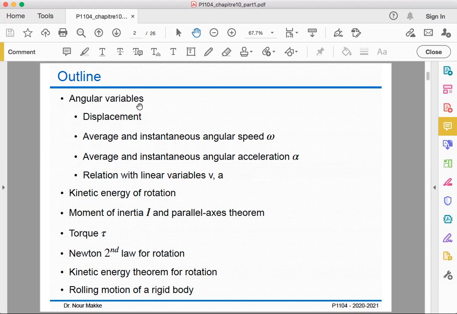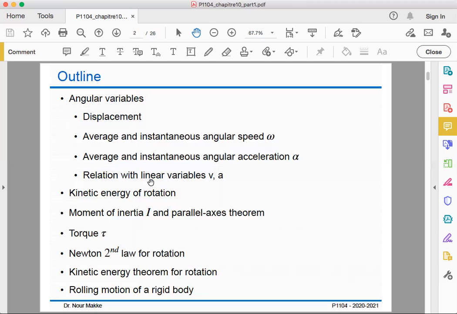And in these angular variables, we will see the angular displacement, the angular speed given by omega, and the angular acceleration denoted by alpha. We will also see the relation between the linear variables, which we know as the velocity vector and the acceleration vector, with the angular variables omega and alpha.